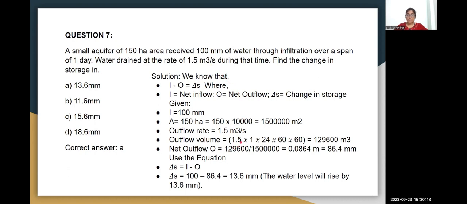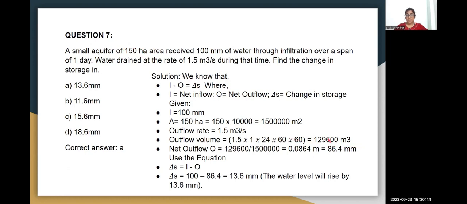So we multiply the 1 day, converting it into seconds, by 24 into 3600, giving us this number, 129,600 meter cubes. So from here we got the outflow volume. Now, in order to calculate the millimeter depth, we have also been given the area.